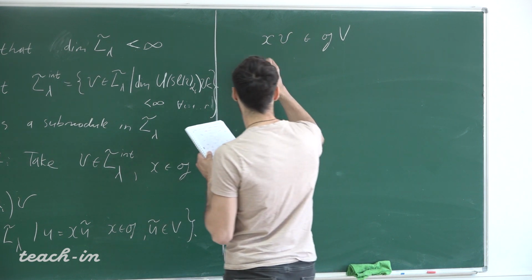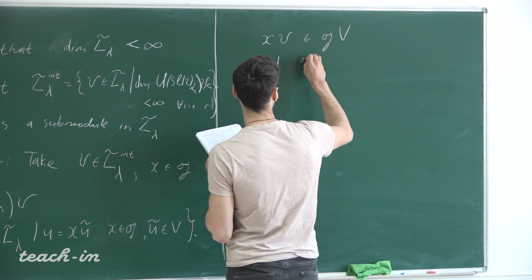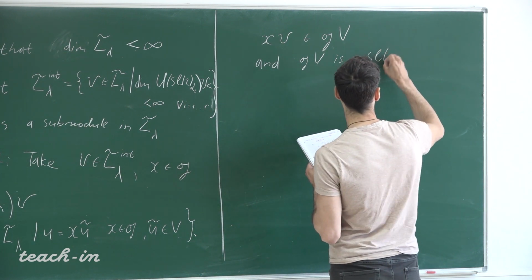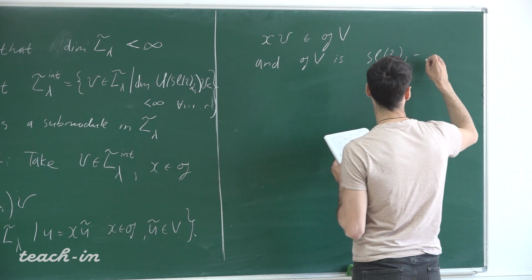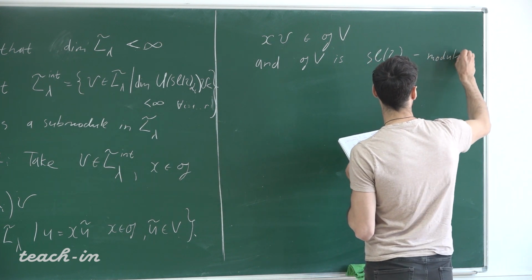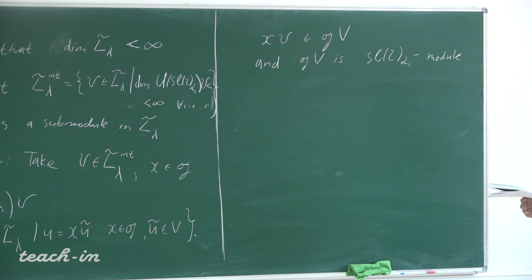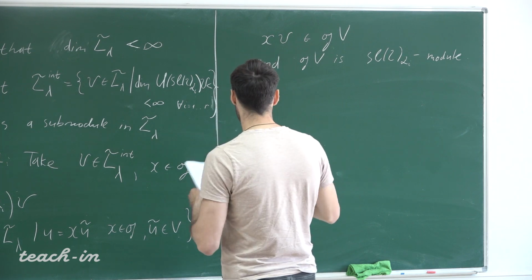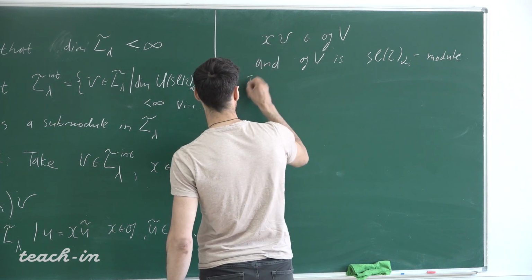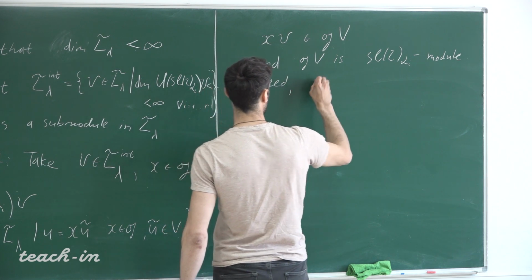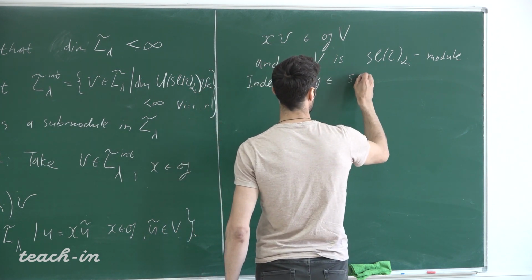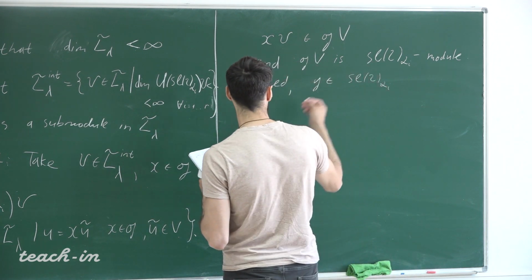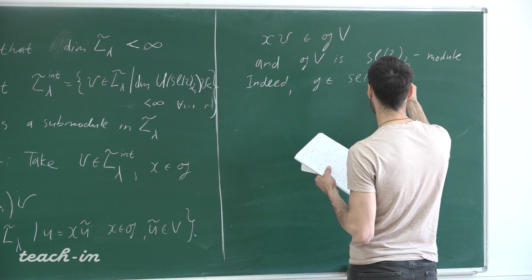And then I also claim that GV is an SL2 alpha I module. Okay, let us check this. Indeed, let's take Y from SL2 alpha I, and some vector from GV.